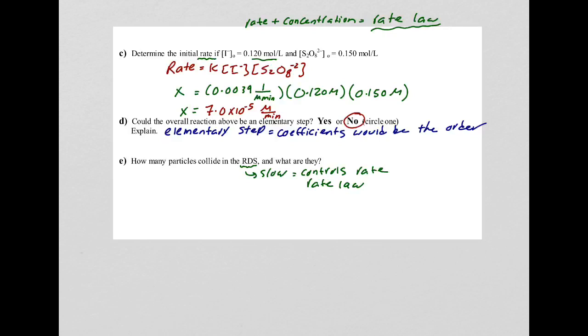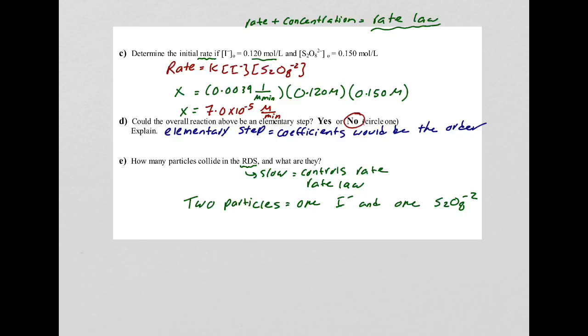Because remember, the RDS, the slow step, is what controls the rate and gives us the rate law, because the other one goes pretty fast. So based on the rate law, two particles are going to collide together, one I minus and one S2O8 minus 2. So it's going to be two particles: one I minus and one S2O8 minus 2.